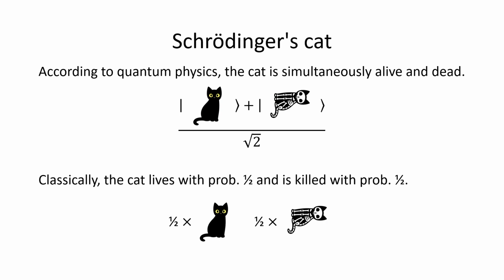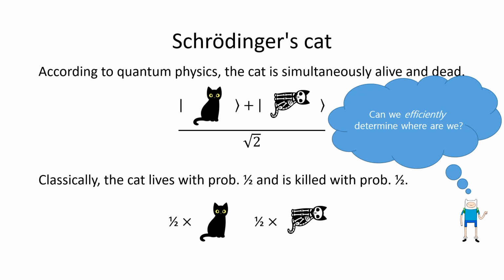We can think of the Schrödinger's cat experiment as asking whether we can distinguish these two situations, to determine whether we are living in a quantum world or not. And as cryptographers, we are particularly interested in whether we can efficiently determine where we are.